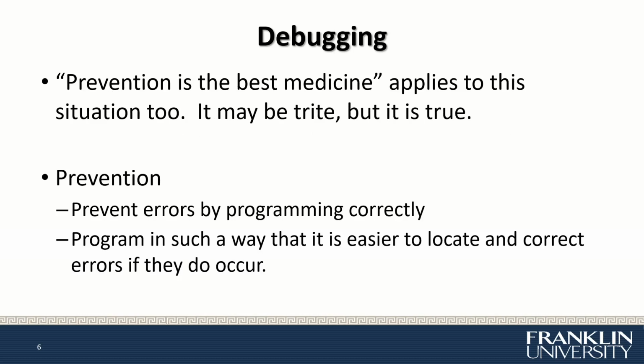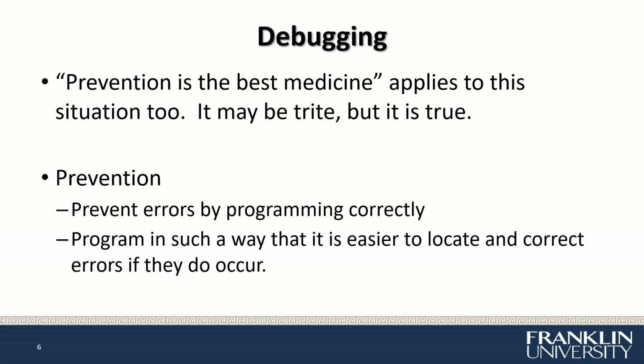And just like most people say, prevention is the best medicine. This also applies to the programming situation. Prevent errors by programming correctly. Again, learn the programming syntax and semantics.